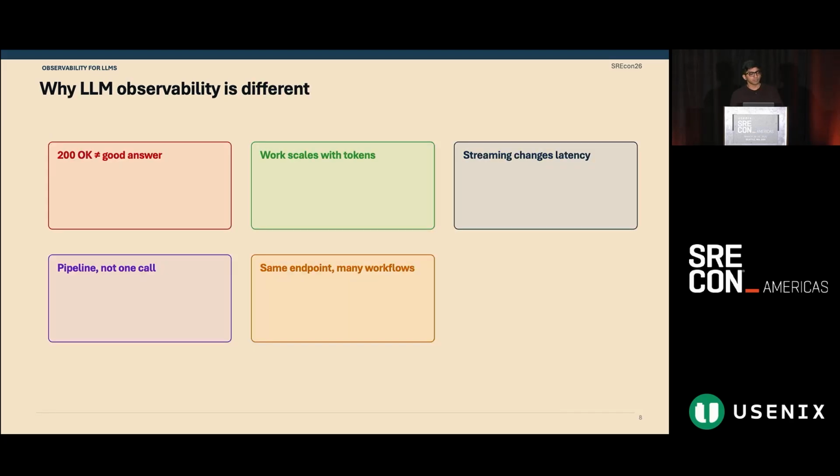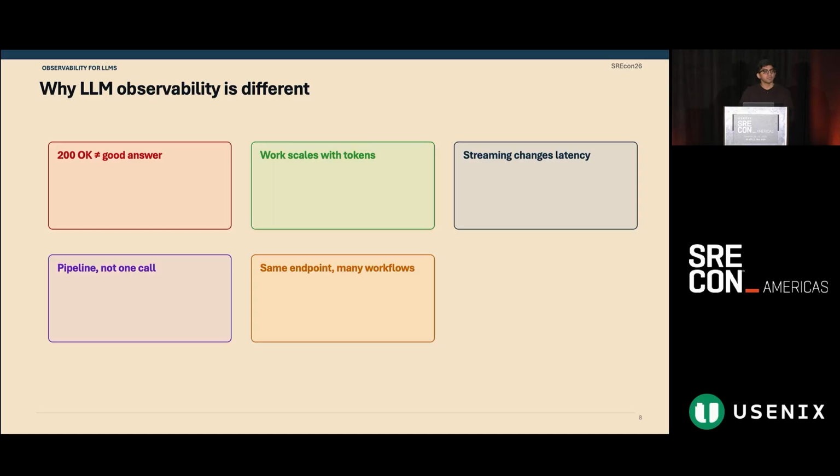So how is LLM observability different? Firstly, a 200 response only shows that the transport path succeeded. However, it does not really show if the output was correct, or if it was useful to the user.